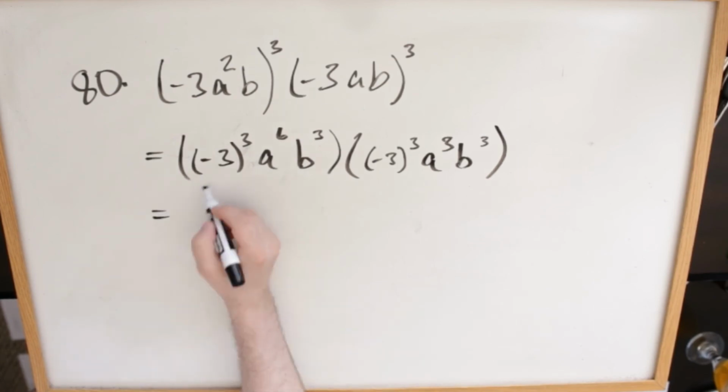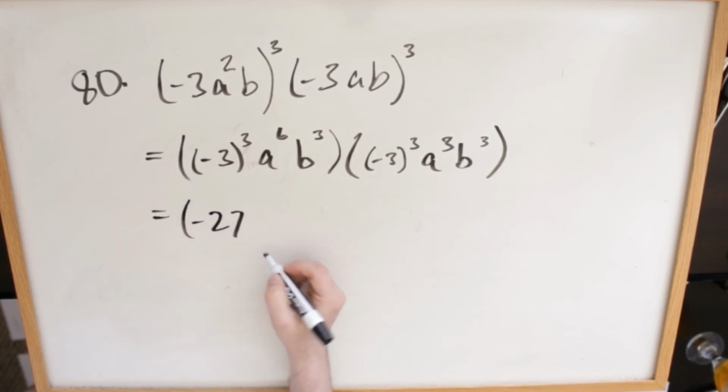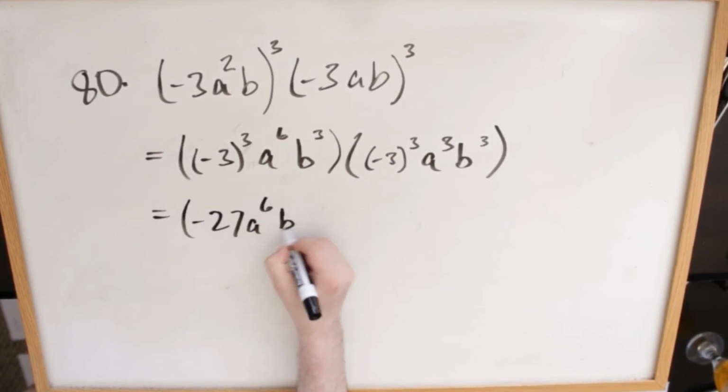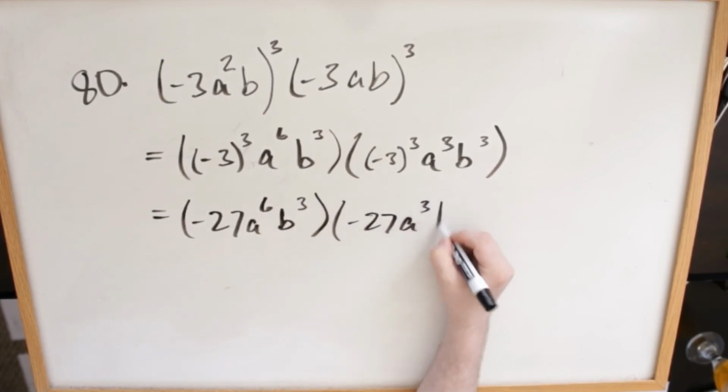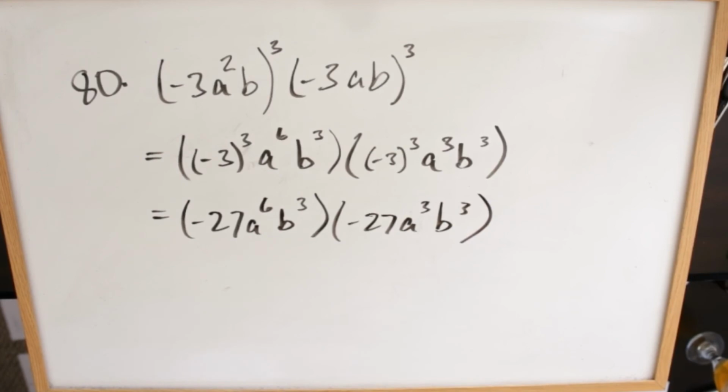Alright, so now minus 3 to the 3rd is actually going to be minus 27. a to the 6th, b to the 3rd. Minus 27, a to the 3rd, b to the 3rd. Nothing changed really there. Just multiplying out the minus 3 to the 3rd power on both sides.